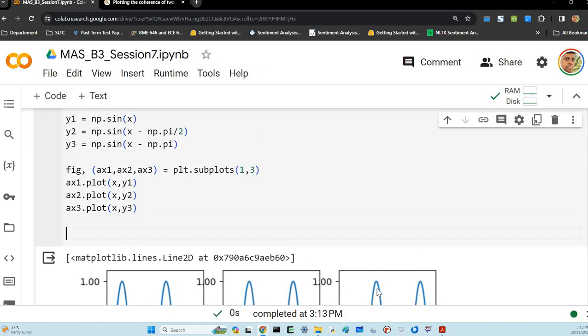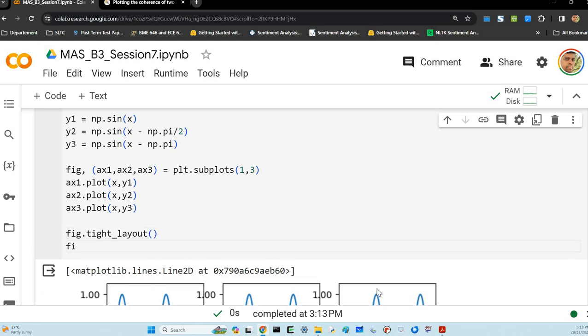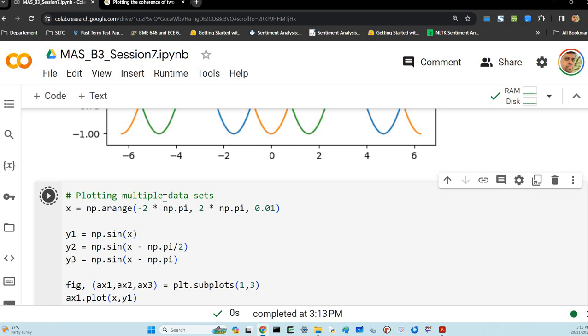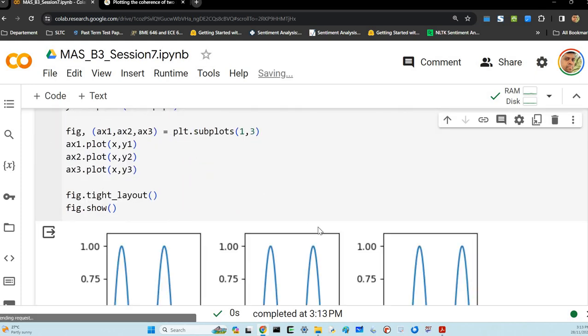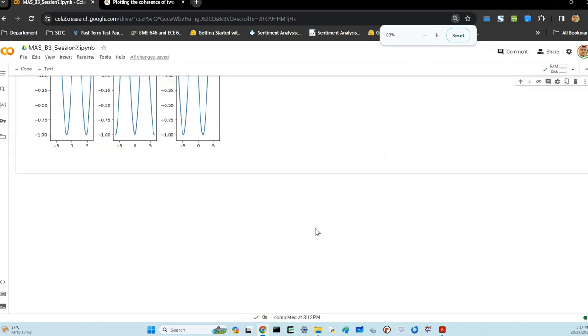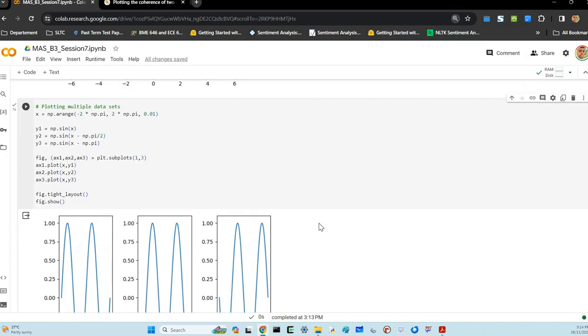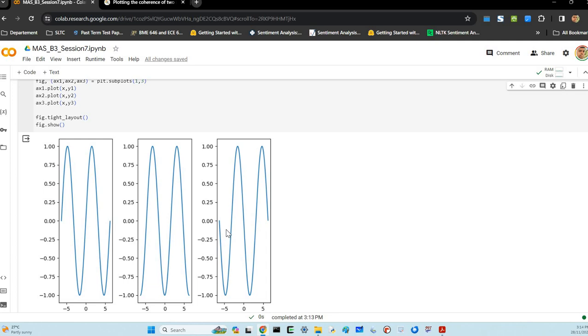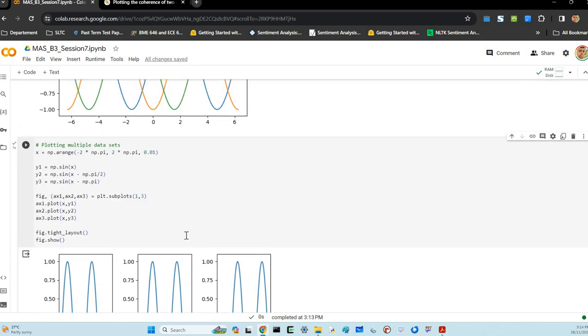To remove the overlaps, we can say fig dot tight layout, and finally we can say fig dot show. Let me rerun, and you can observe now you can clearly see the 3 graphs.